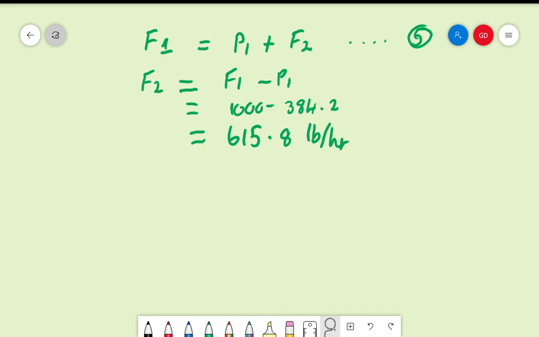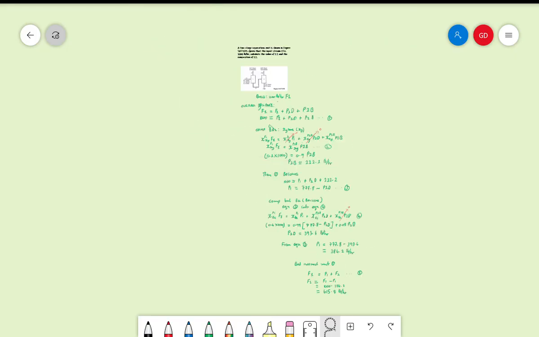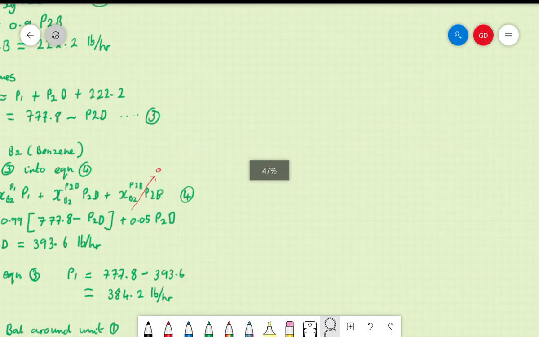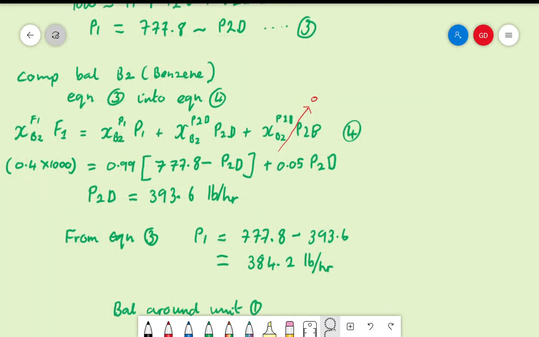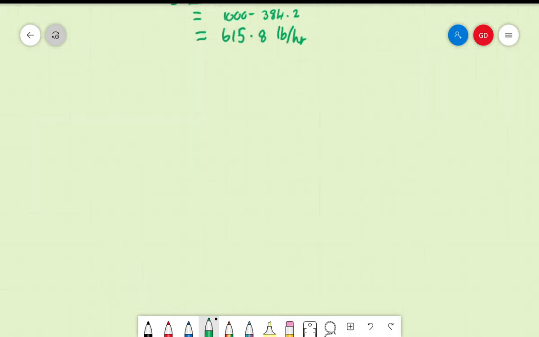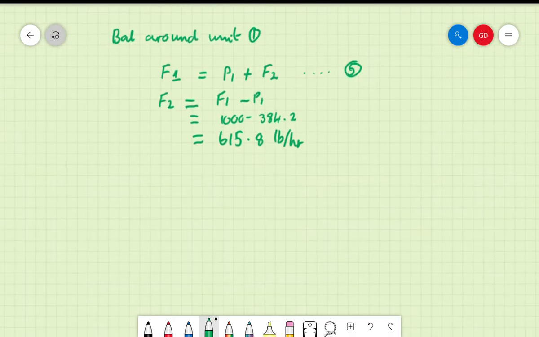Okay, now component balance. Let's just bring that up first and then take it there. Okay, and there we are.